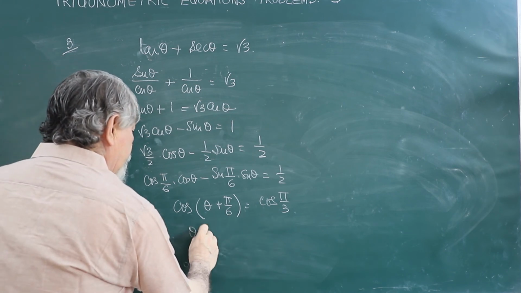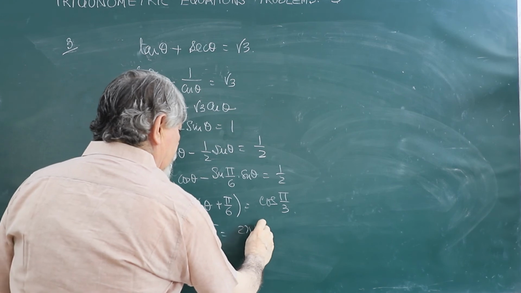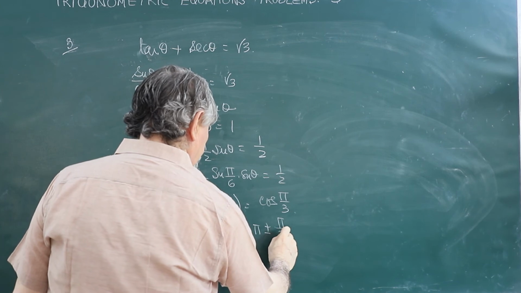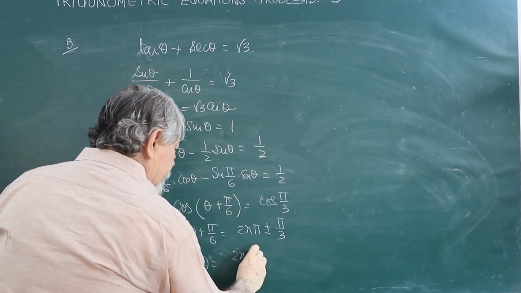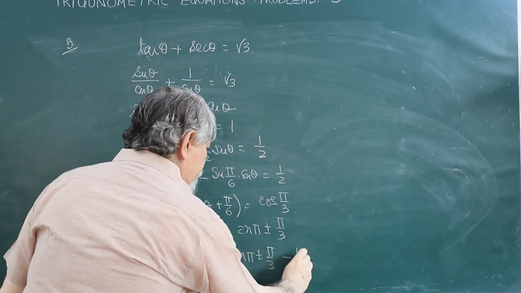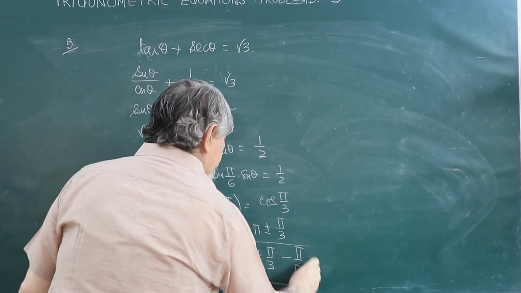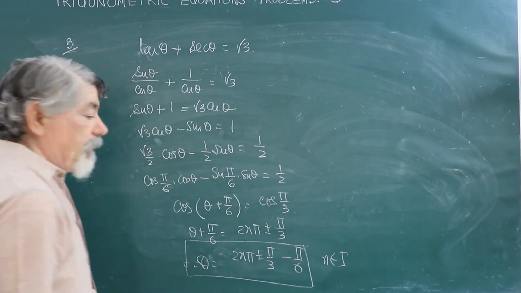So theta plus pi upon 6 will be 2n pi plus minus pi by 3. So theta will be 2n pi plus minus pi by 3 minus pi by 6, not 0 as it was coming in the first question. N belongs to set of integers.